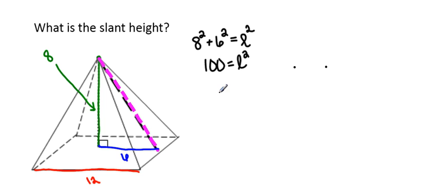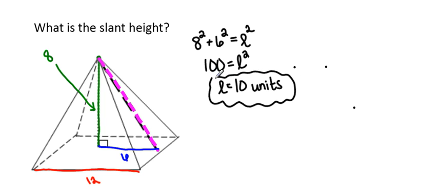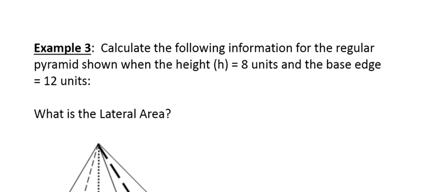So L squared is equal to 100, making the slant height 10. They don't specify here whether this is in inches, centimeters, miles, or whatever, so I'm just going to label that units. All right, so that's the very first part of this question.